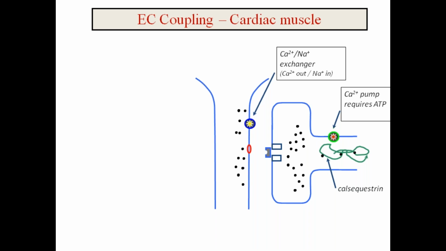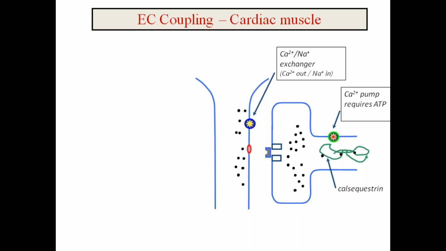In skeletal muscle there was a T tubule, and in the T tubule there was a voltage gated calcium channel called the dihydropyridine receptor. This dihydropyridine receptor was physically connected with a ryanodine receptor, which is a ligand gated calcium channel present in the terminal cisternae.